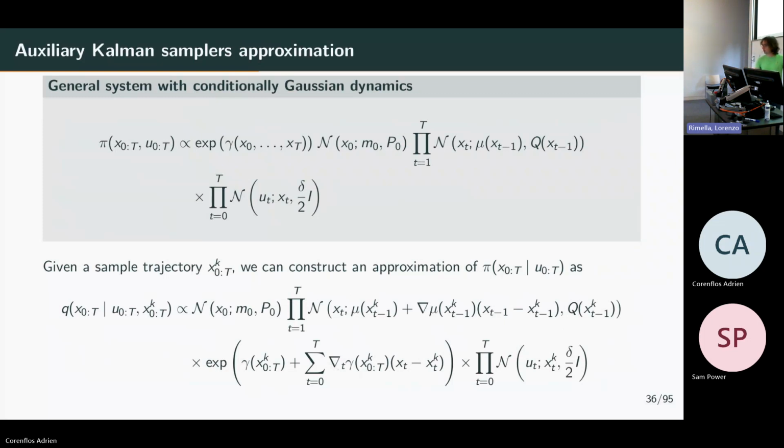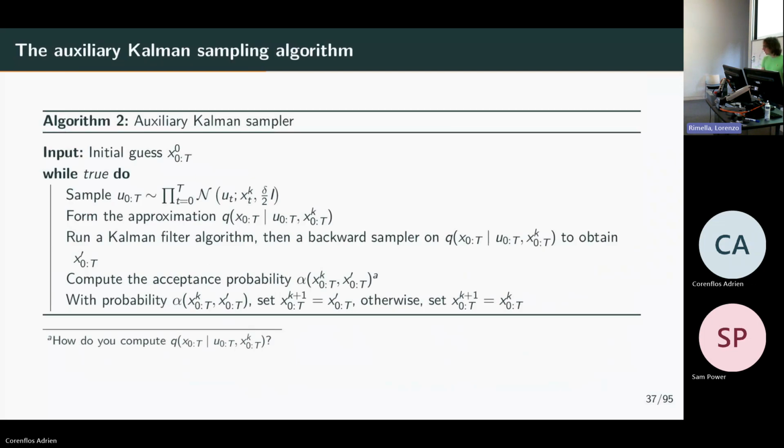And use that as a proposal and fit that to MCMC and maybe parallelize everything. Okay. So now you just sample your auxiliary variable, linearize, compute the Kalman filtering with respect to the auxiliary variables and the linearization, sample backwards, compute your acceptance rate, accept, reject, and do that over and over again. Okay. Actually works really well.